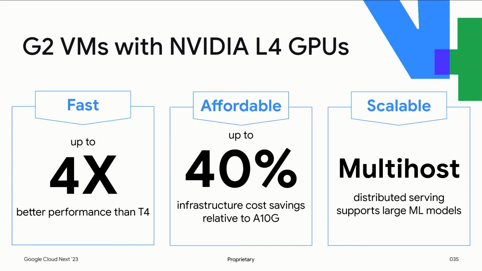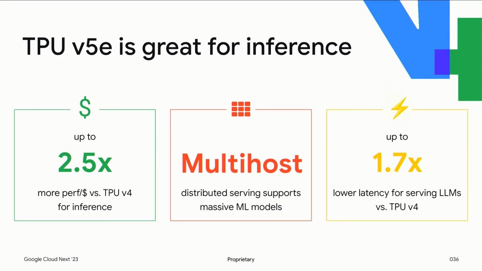I spoke earlier about how easy it is to chain together many TPU v5e chips into a massively scaled supercomputer for training workloads. The v5e has very flexible VM shapes, making it stellar for inference as well.